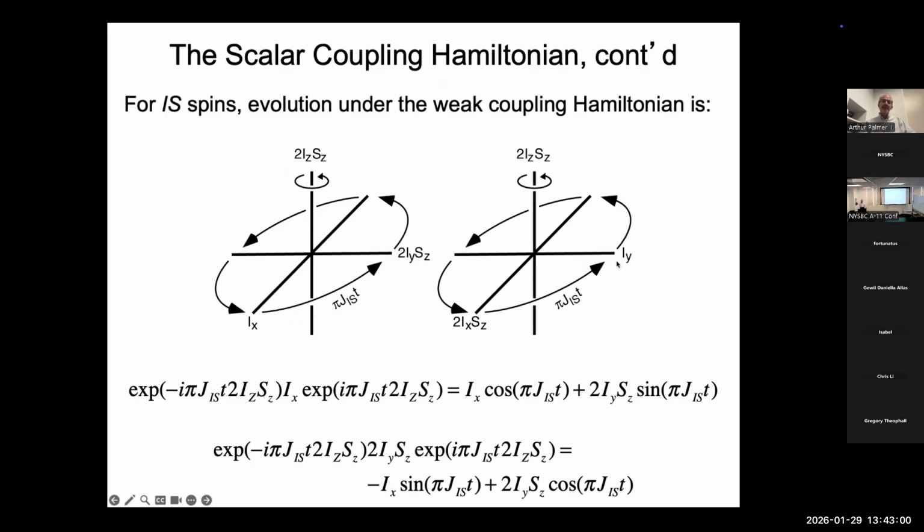And if I have an operator that started as IY, it's going to evolve to where it looks like minus 2IXSZ. And an operator that started as 2IXSZ, whatever that is, would then evolve to be plus IY under the scalar coupling.